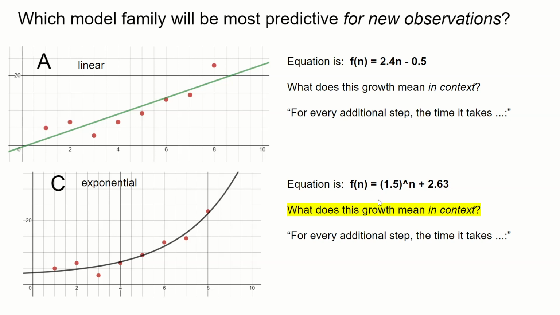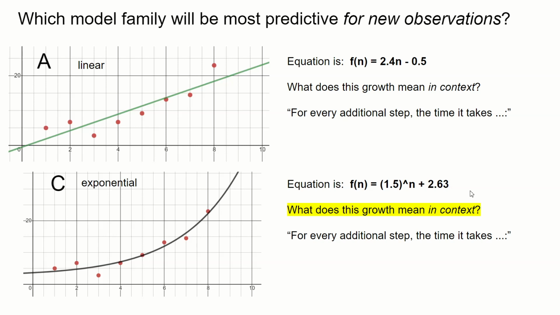What the 1.5 is really telling you is that the nth folding step is 1.5 times as large as the prior step. That's actually not quite true either because of our shift factor here. But it's telling you that there's a multiplying effect.